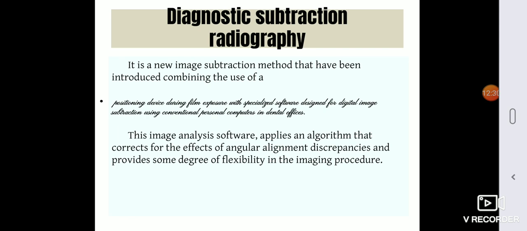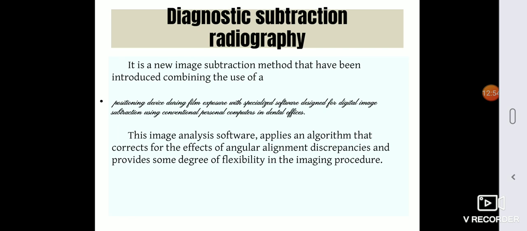This image analysis software applies an algorithm which corrects for the effect of angular alignment discrepancies and provides some degree of flexibility in the imaging procedure. It provides a high degree of accuracy when compared to conventional and subtraction radiography.